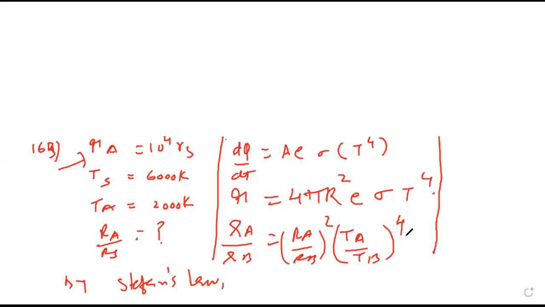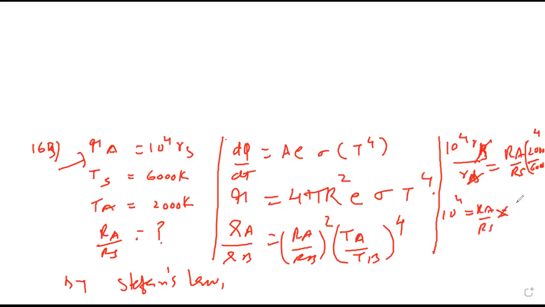Now B is the sun and A is star A. So 10 raised to 4 times the radiation of the sun, into temperature of A 2000 and that of sun 6000, whole raised to 4. So 10 raised to 4 equals RA upon RS square into 2 by 6 raised to 4.